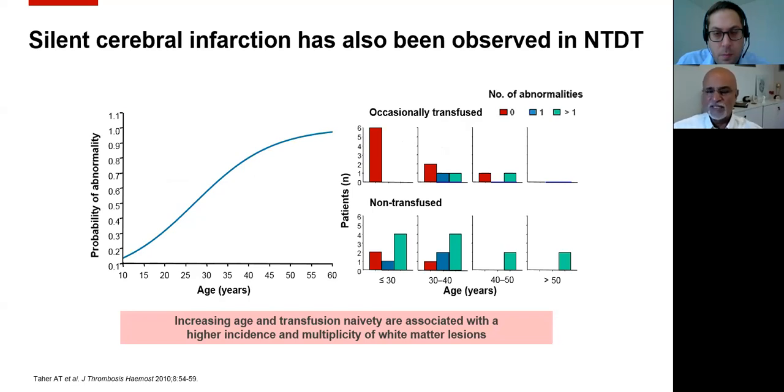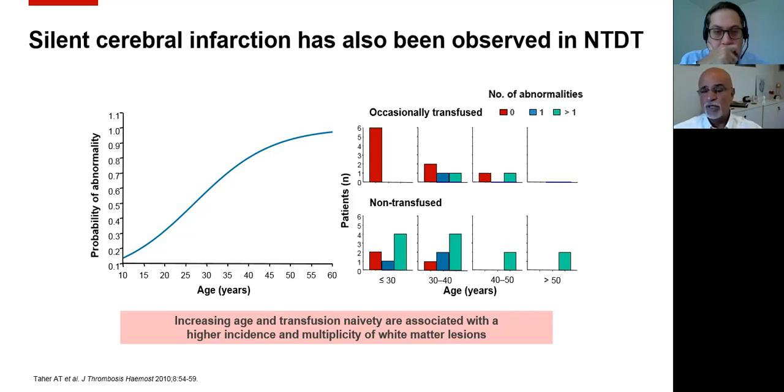Also, another interesting topic that we've looked at: we thought that these patients are not transfused and somehow similar to the sickle cell patients, so let's look at their brain. It was clear that these patients had white matter lesions, or what we call silent brain infarcts. It was clear also that this will increase with age. It will increase in those that were splenectomized.